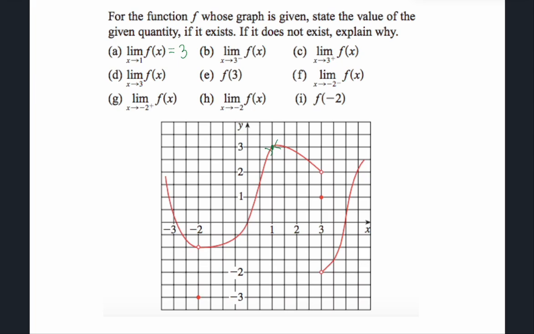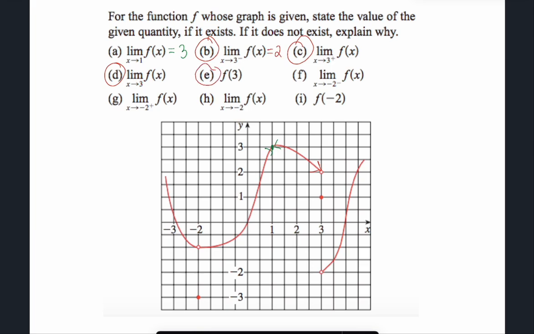For part B and C and D, those ones all go together. So let's look at B, C, and D. We are approaching 3. As we come in from the left, that's what B notation is saying, we are at a height of 2. Oh, and actually E is going to go with it too.